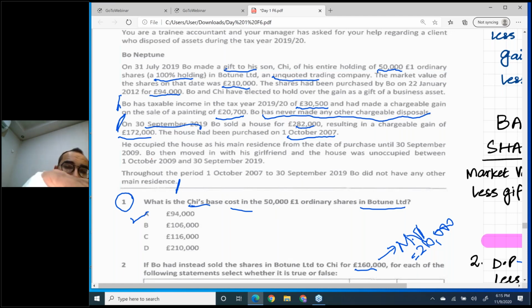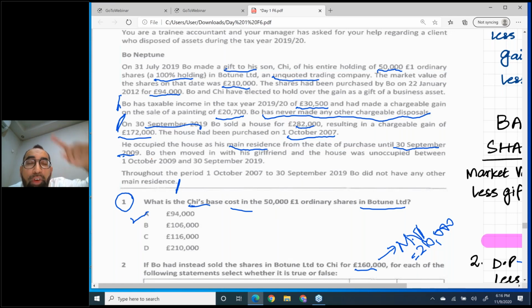Now he occupied the house as his main residence. Very good, this is the hint of PPR. From the date of purchase until 30th September 2009. Wait, he bought this property on 1st October 2007, and from 1st October 2007 to 30th September 2009, this makes a total of 2 years, 24 months.